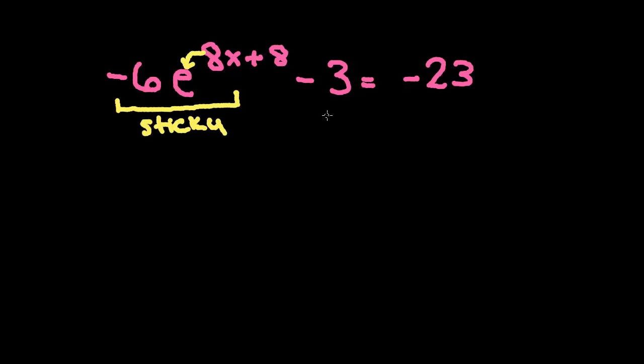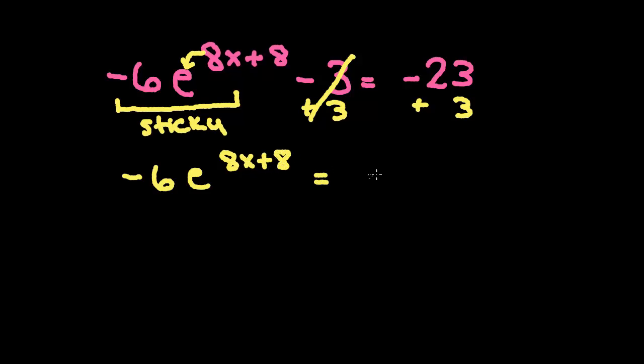So the thing that's furthest away here is this minus 3, and we always take care of that first. So we're going to do our plus 3. So we're going to have negative 6 e to the 8x plus 8 equals negative 20. Now, you know there's a times here.